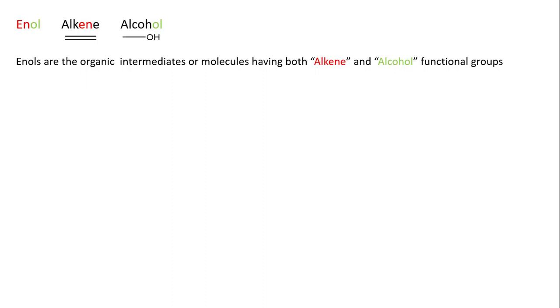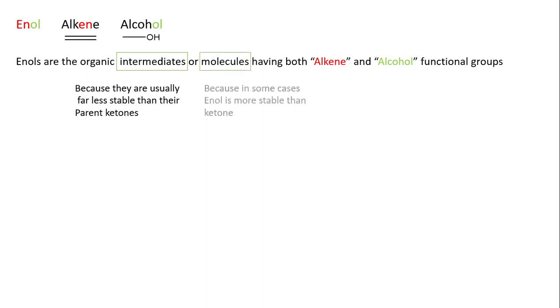They can be regarded as intermediates because usually the enols are far less stable than their ketonic counterparts. In some cases, they can be regarded as molecules because in these cases, the enol is more stable than the ketonic form. This happens usually when the alkenic part is a part of an aromatic ring.